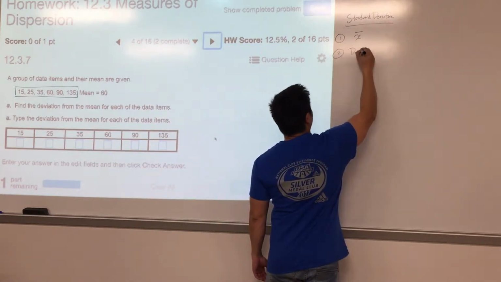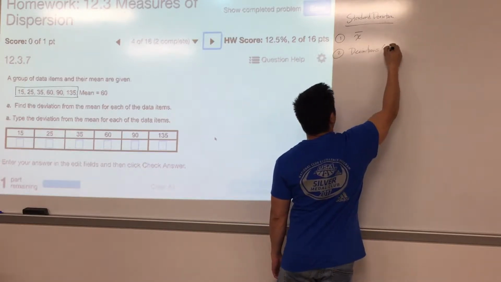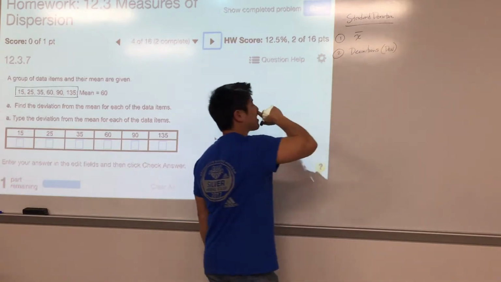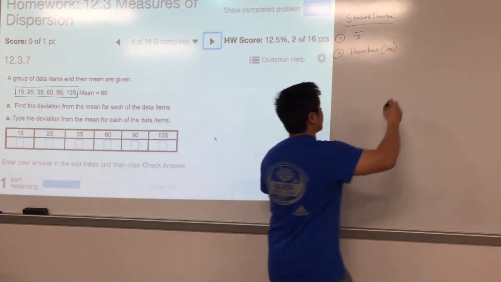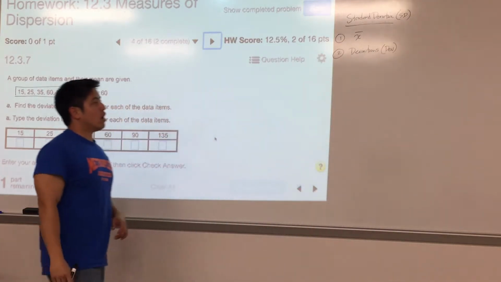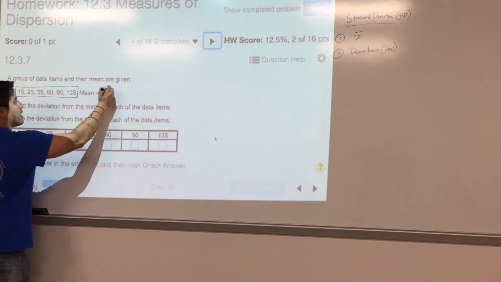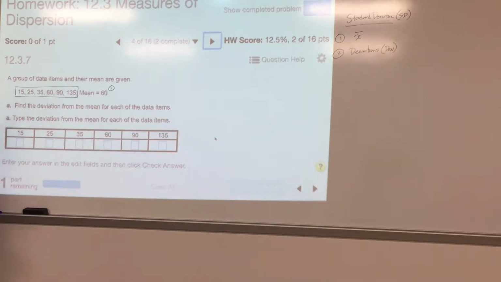The next step is to calculate the deviations. You'll see me abbreviate it as DEV, just like you might see me abbreviate standard deviation as SD. So to calculate the deviations, what do they mean by the deviations? Well, we calculated the mean, or they calculated it for us.